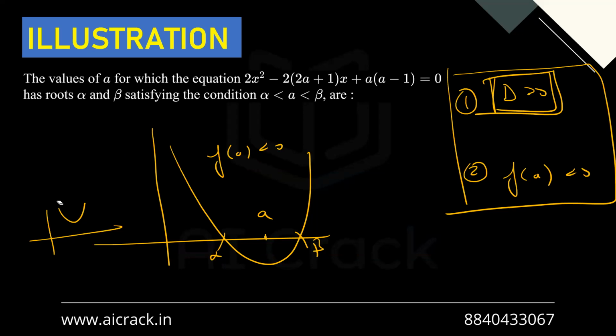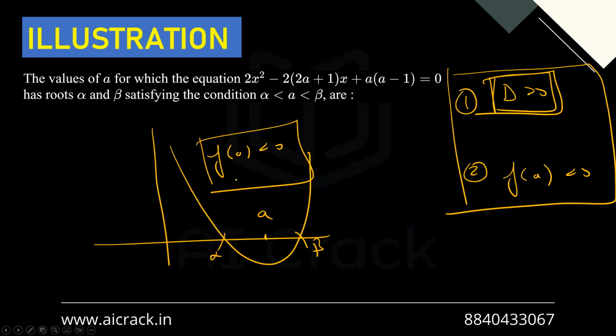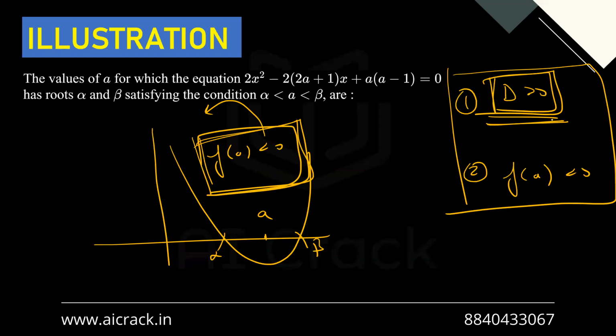So when we apply the condition f of a is less than 0, it automatically includes D should be positive, because that is only possible when alpha and beta are distinct. Or vice versa. That basically means this condition is encompassing the other condition as well. This condition is going to be the superset, and the final answer would come from this only. It won't include these other conditions.